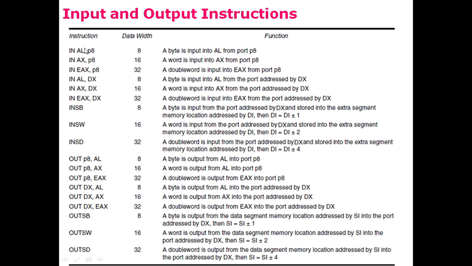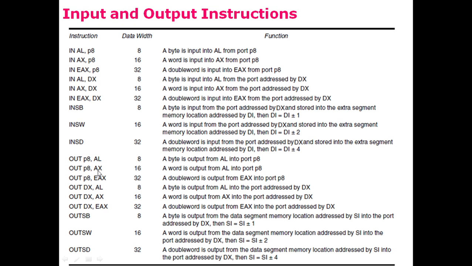These are the output variants of the input instruction. So these instructions send data from the accumulator to the input and output device. So here AL is the accumulator, so 8-bit data from the accumulator is sent out to the input and output device with address P8. So P8 is an 8-bit port address.